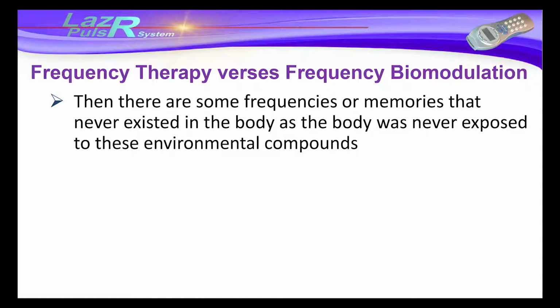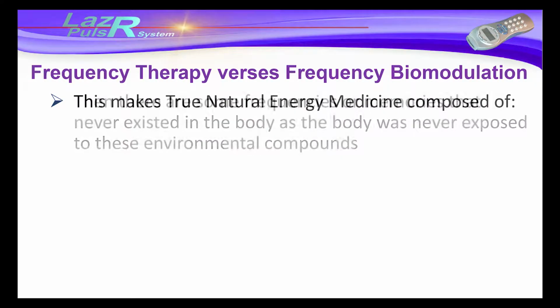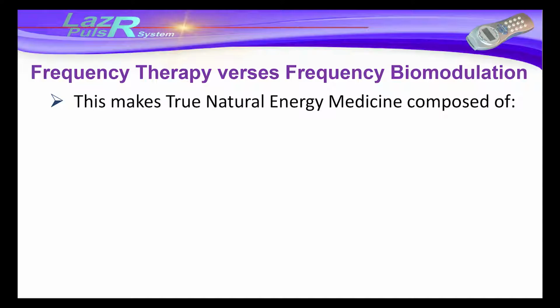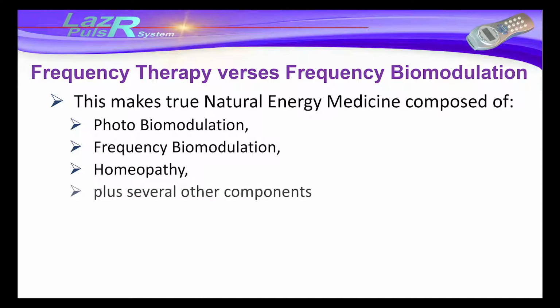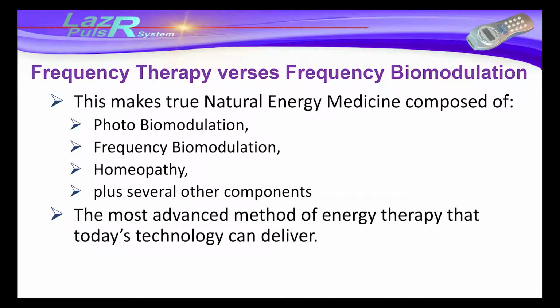But more on that subject in a later video. This makes true natural energy medicine composed of photobiomodulation, frequency biomodulation, homeopathy, plus several other components, the most advanced method of energy therapy that today's technology can deliver.